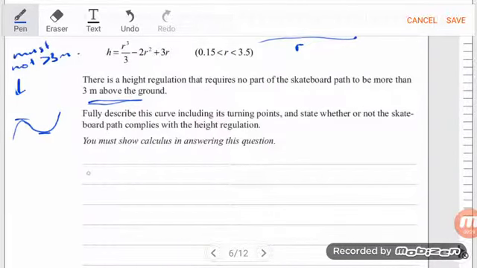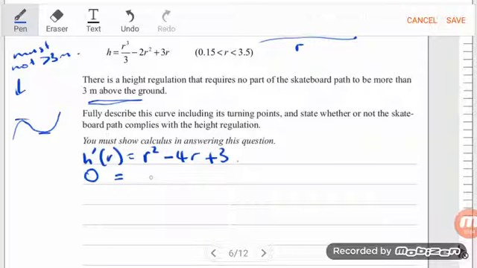So let's get started on doing the calculus part, shall we? So h dashed of r, or you can say dh dr, differentiating with respect to r, is going to be r squared minus 4r plus 3. Okay, so for the turning points, we need our gradient function to equal 0, because the gradient is 0 at the turning points.